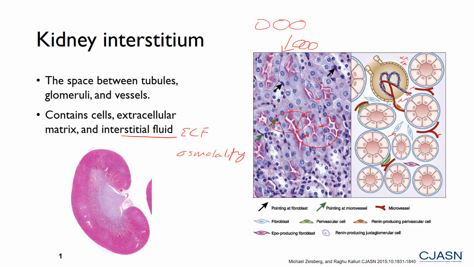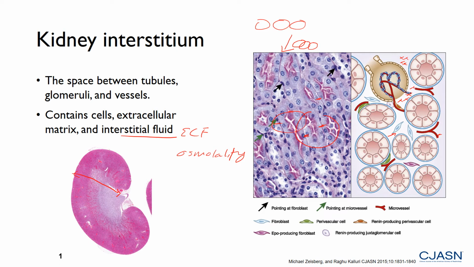Furthermore, if we look at this kidney over here on the left, this is a sectioned real kidney. I think this one was from a mouse. But as you know, there's the cortex and then all the way down to the medulla of the kidney. And this area of the kidney has interstitial fluid flowing throughout all of it because, again, it's that space between everything.